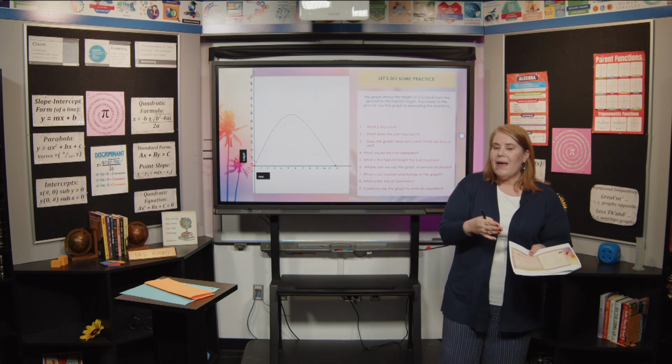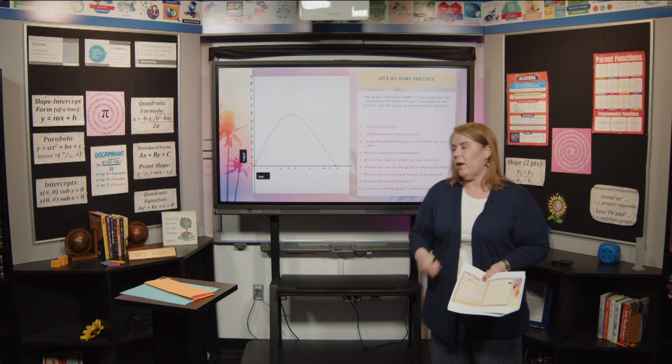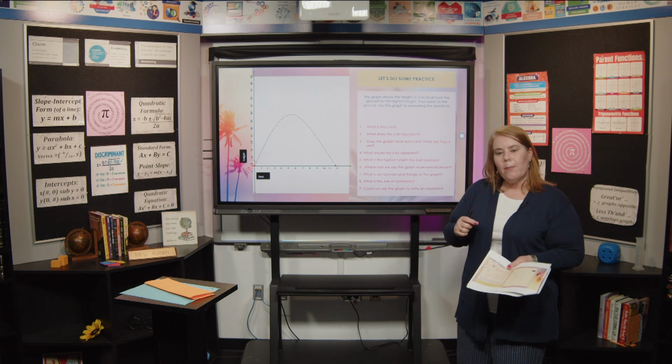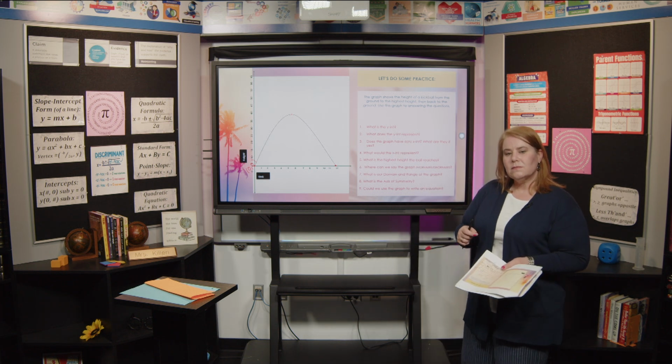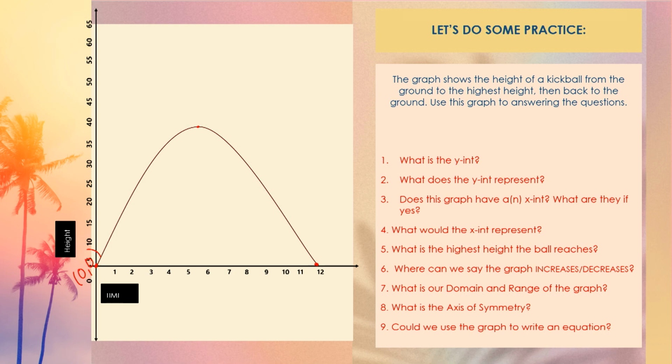But now I'm having to put meaning to that point. What is the meaning to that point? Yes, so maybe the kickball is right here with it laying on the ground at 0 seconds, and the height at 0 seconds is 0 feet in the air. Good job. All right, number 3.